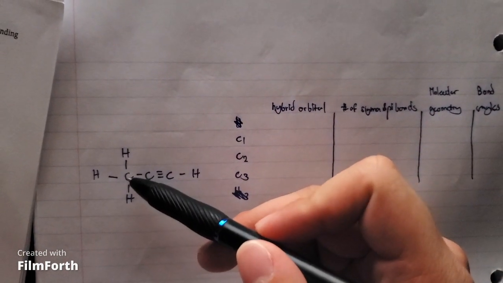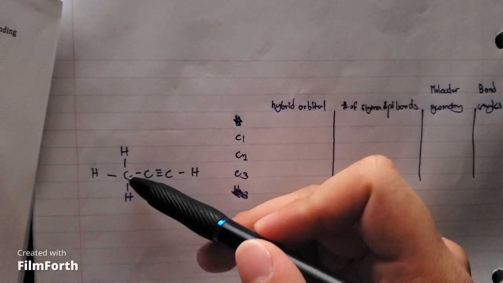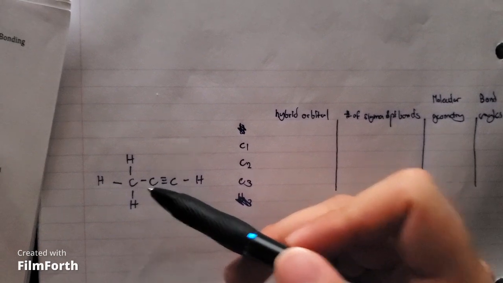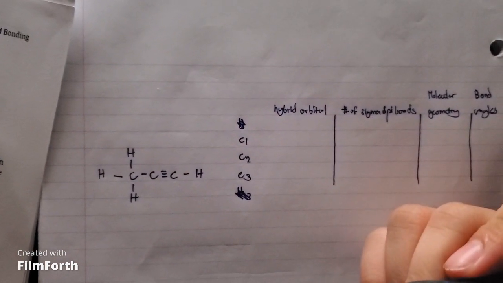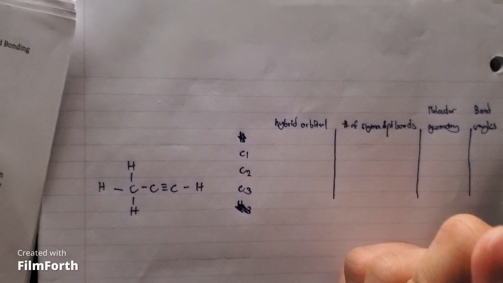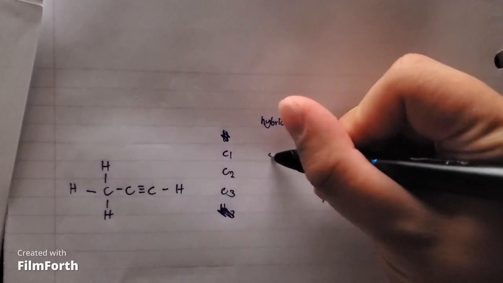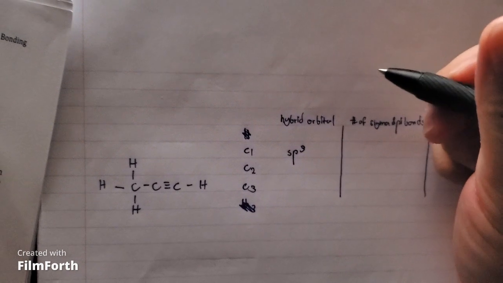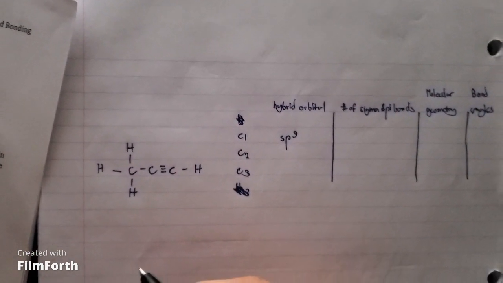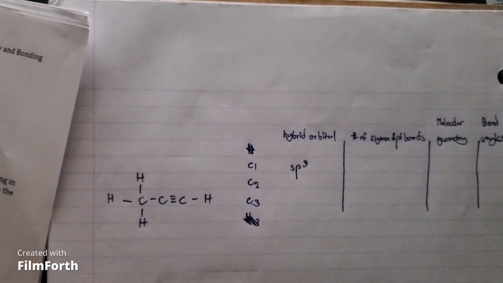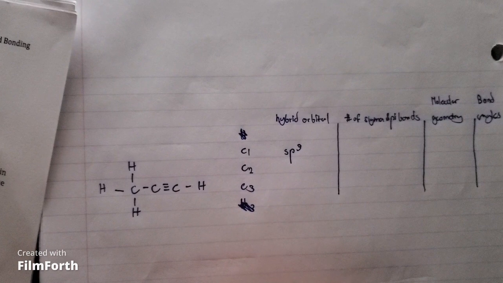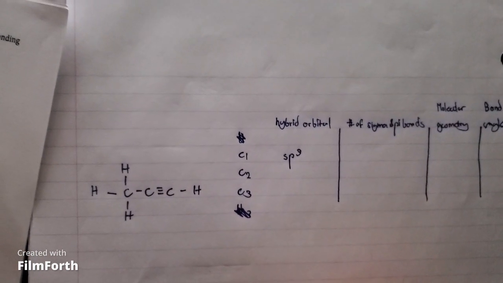So in this case, the first carbon has 1, 2, 3, 4 electron domains, so that automatically gives it a hybrid orbital of sp3. Keep in mind that as the number of electron domains changes, if it has two electron domains, it has a hybridization of sp.